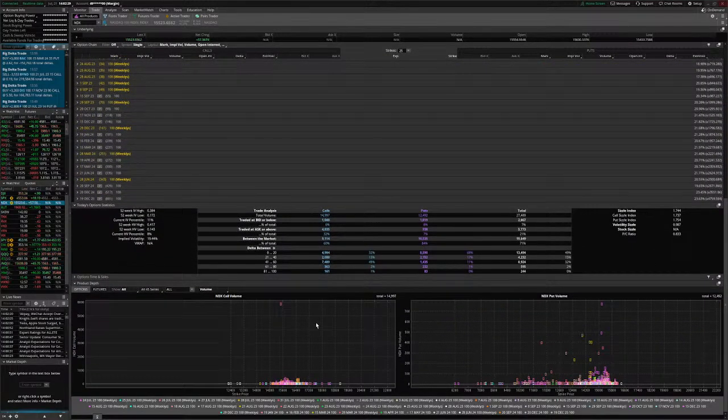So I came down to this NDX call volume. This may be hard to see, but I can point at this. You can see this little block here is way above everything else. So this is volume at this particular strike, at this particular expiration.